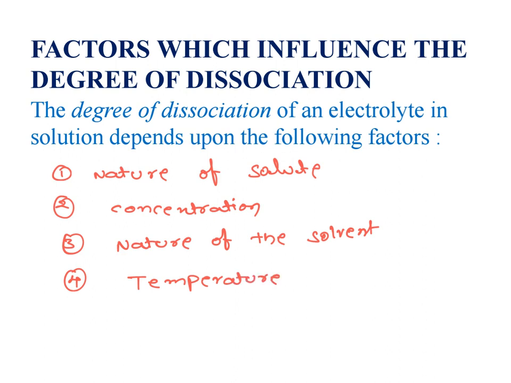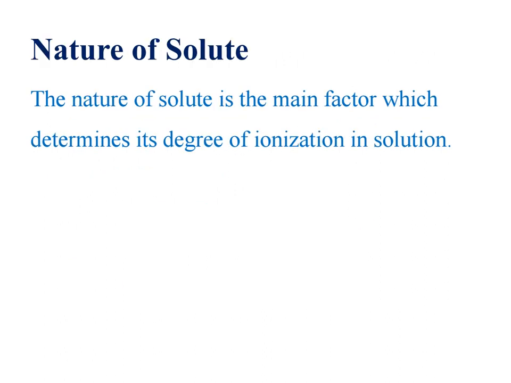Let's take the first one, nature of solute. The nature of solute is the main factor which determines its degree of ionization in solution. If the solute is an electrolyte, there are 2 types: strong electrolyte and weak electrolyte.